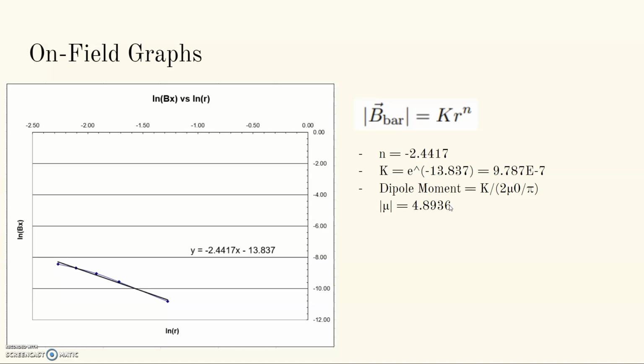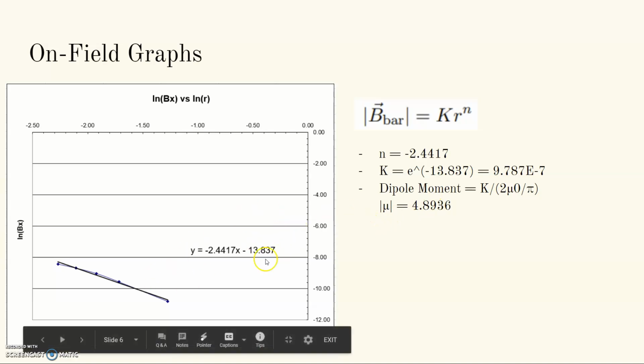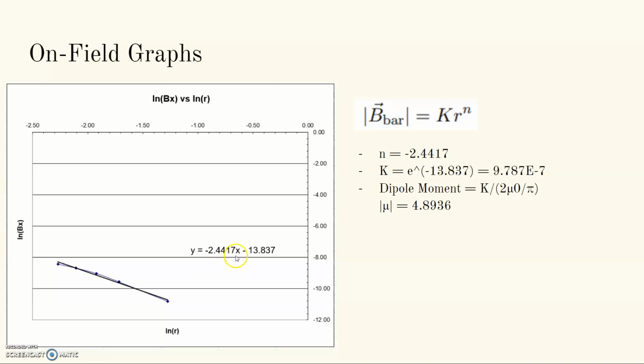With that data, we created a graph, and we have this equation: y equals -2.4417x minus 13.837. So we found our n to be -2.44, a bit less than the -3 that we expected. However, since we're taking data ourselves, there's bound to be some error, so this is reasonable.